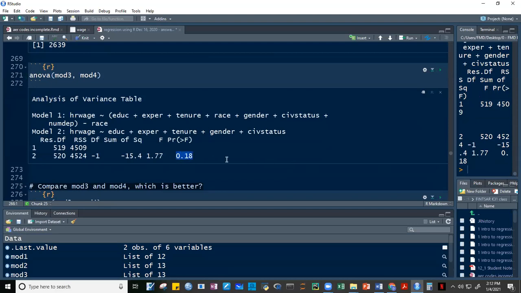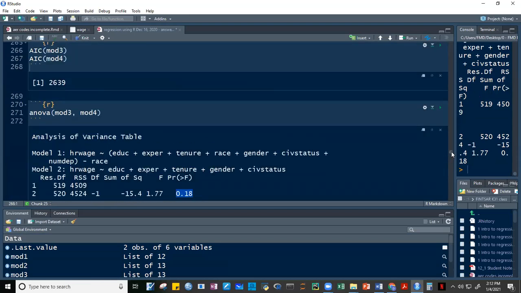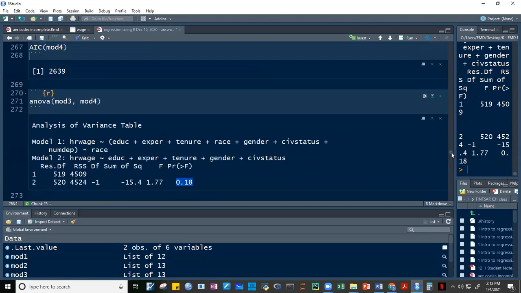Okay, so conclusion natin, we reject the null hypothesis that the restricted model is what, guys? 0.18, restricted model is the better model. Sorry, we fail to reject. Mas maganda si restricted model.